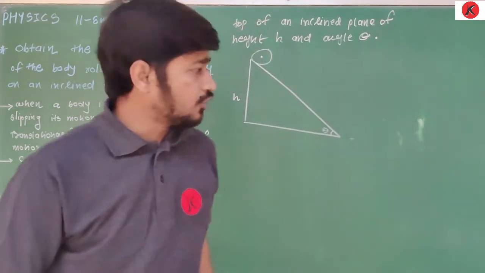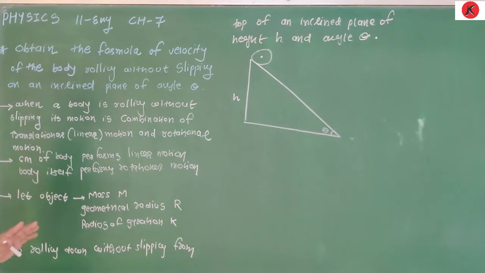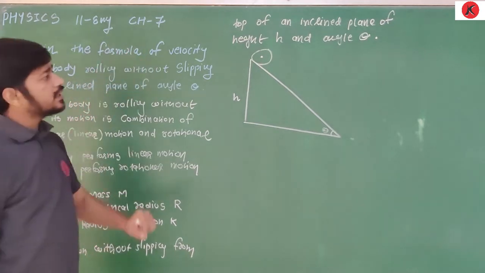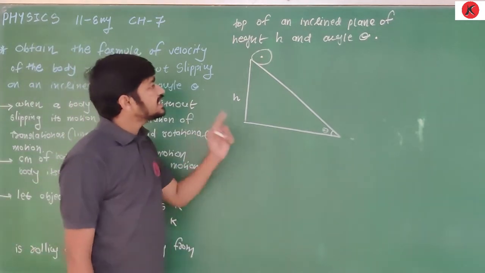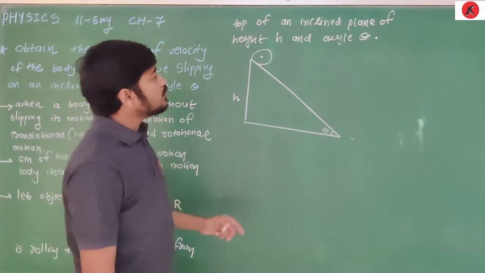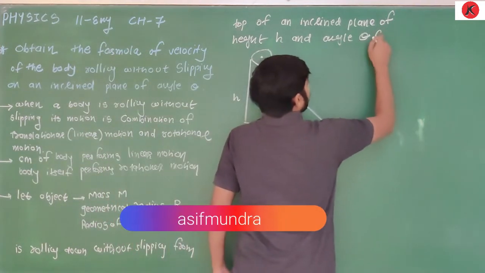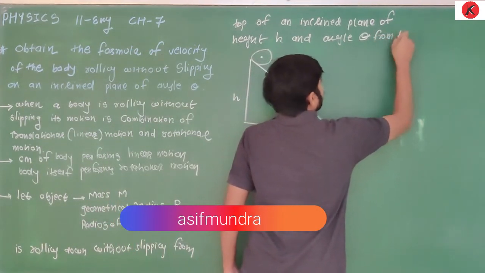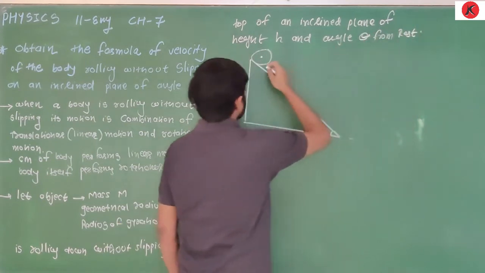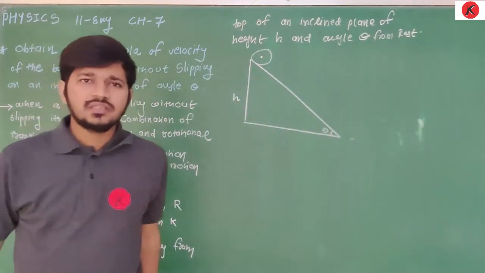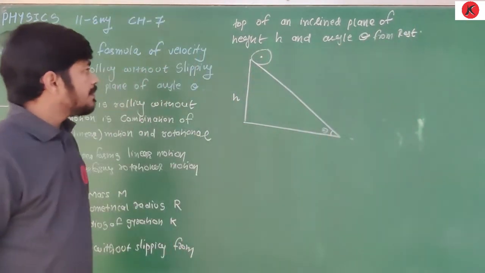Clear? So this is the situation: the object is rolling without slipping from the top of an inclined plane of height h and angle theta from rest. From rest means initially it is at rest. Simple. Now what happens?